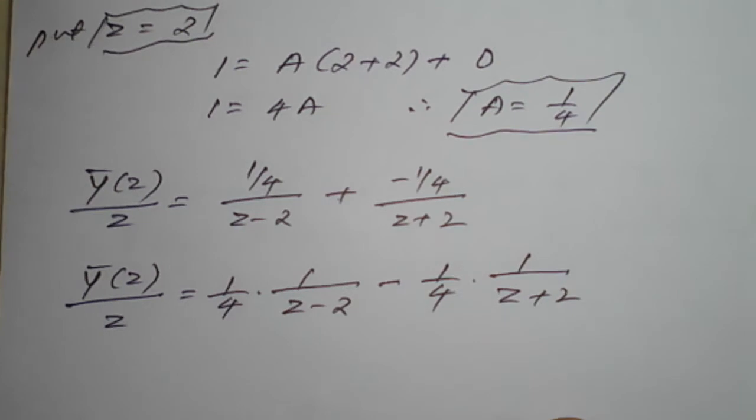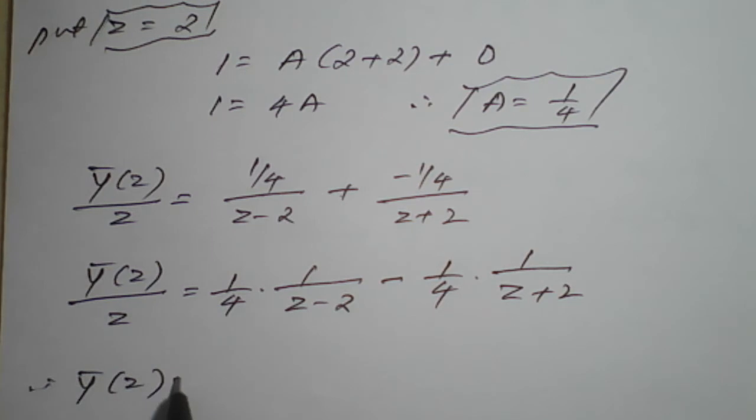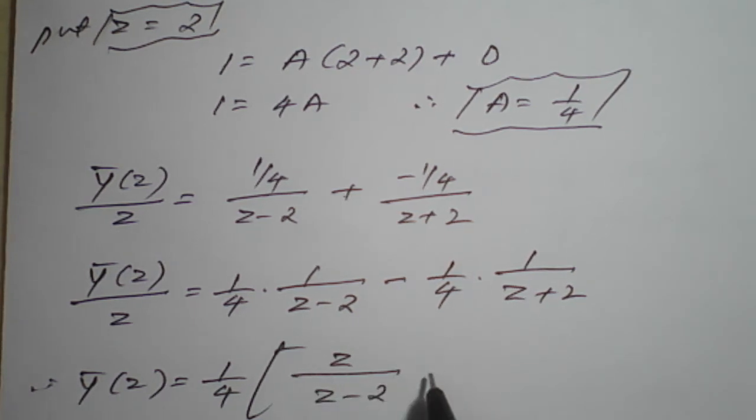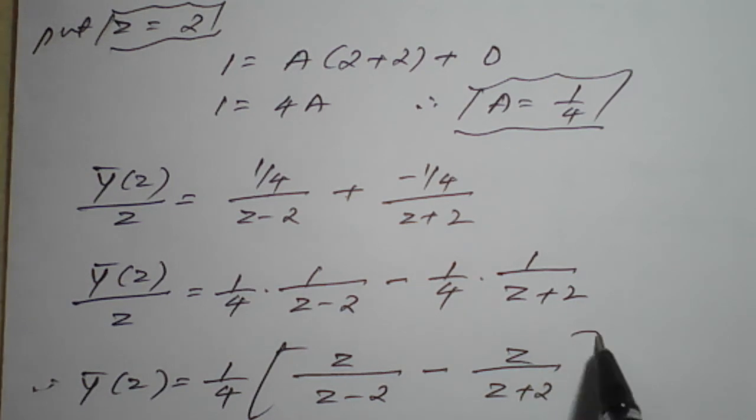So cross multiply this z to the right hand side. So therefore y dash of z is equal to 1 by 4, which is a constant for both the terms, I will take outside. So it is z divided by z minus 2 minus z divided by z plus 2.